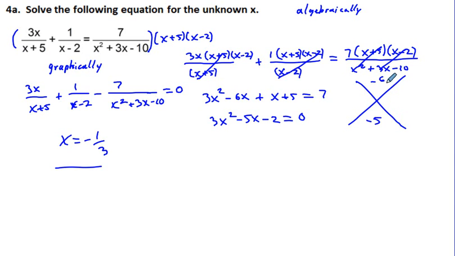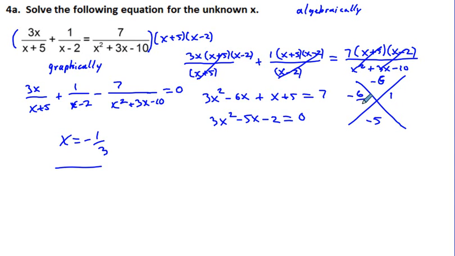So what two numbers multiplied together equal negative 6, but added together equal negative 5?